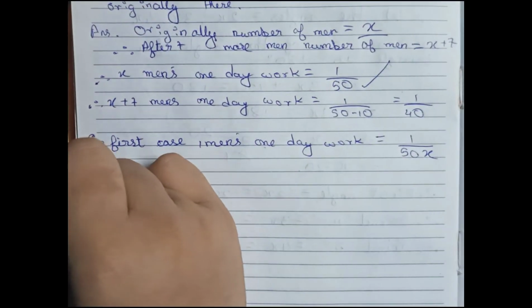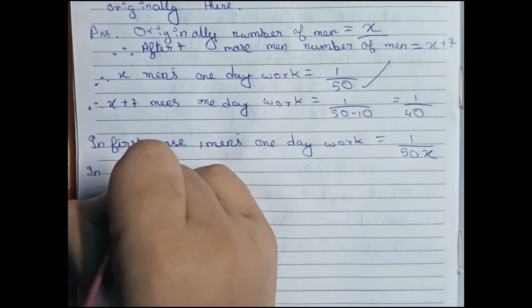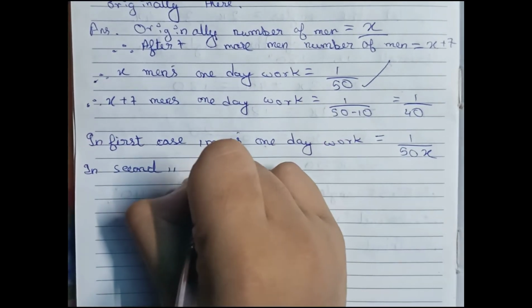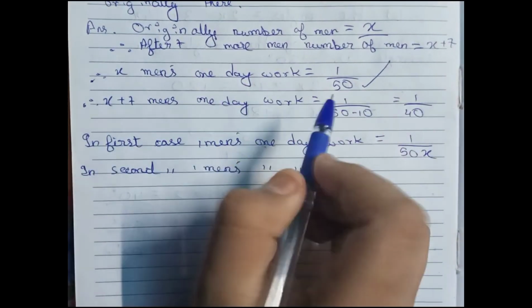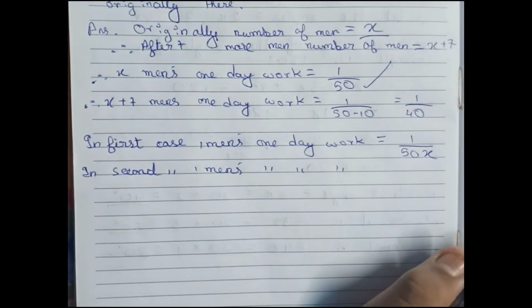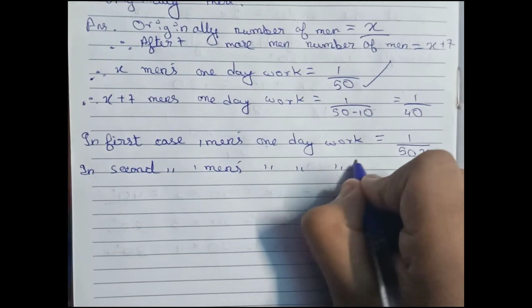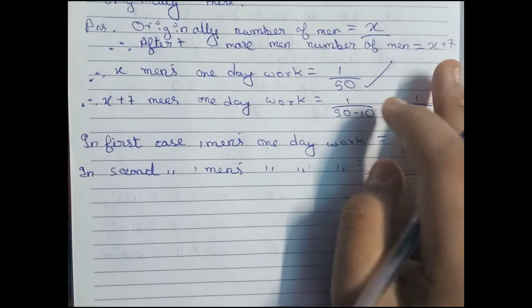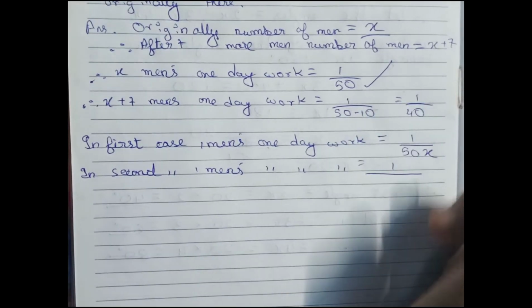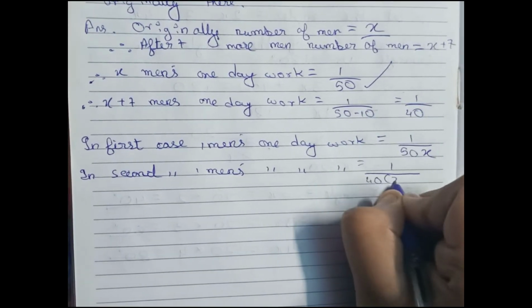And the second case, 1 man's 1 day work equals to, second case means x plus 7, that is 1 by 40. So it will be 1 by 40 into x plus 7. So you write it 40 into x plus 7.